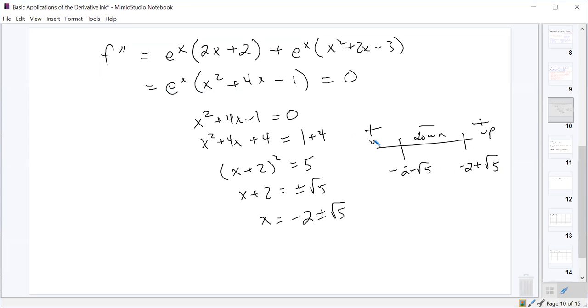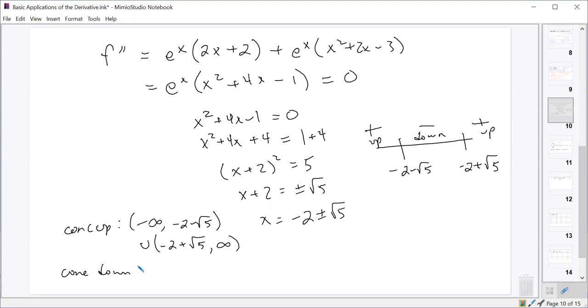So you're going to be concave up. So we could say that we are concave up from negative infinity to negative 2 minus root 5, union negative 2 plus root 5 to infinity, and concave down on the rest.